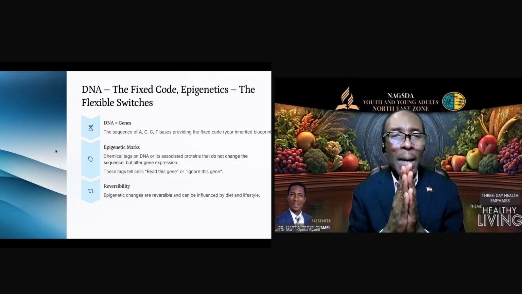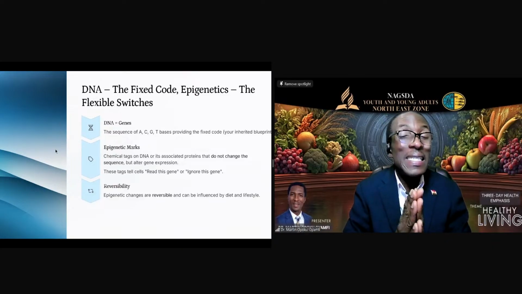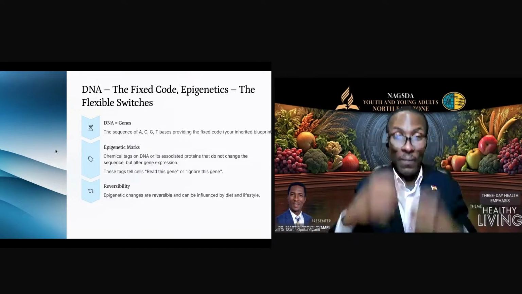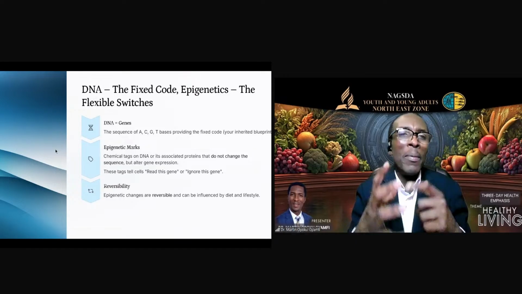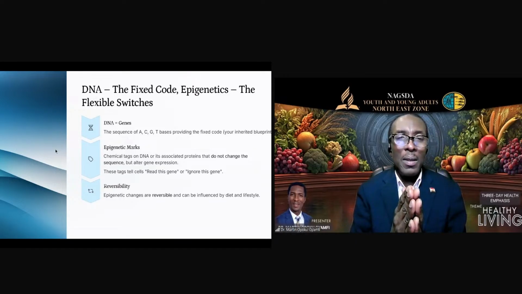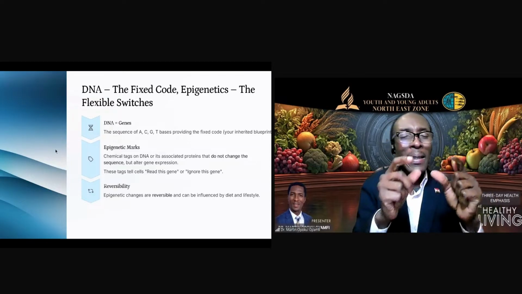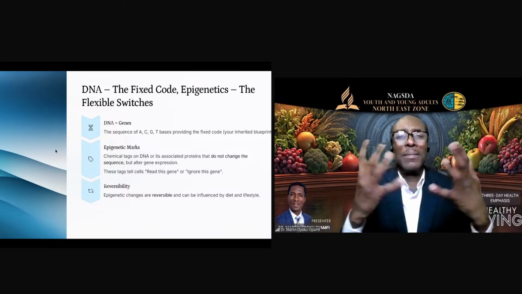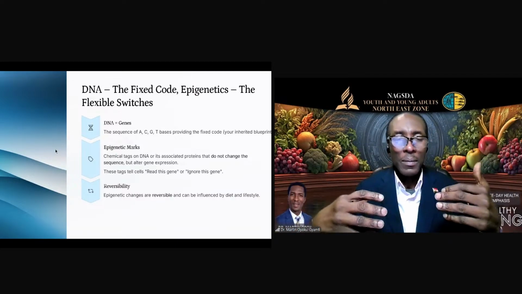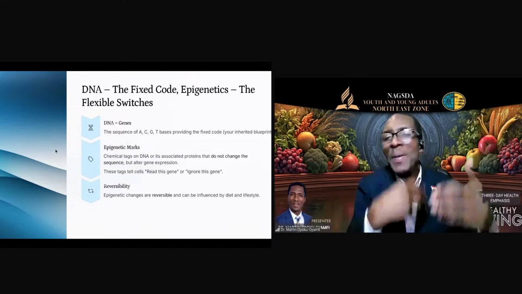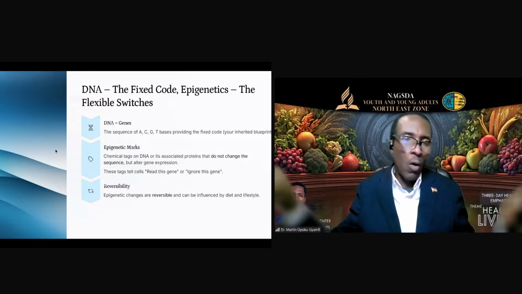Now, the beautiful thing about this is that these epigenetic changes are reversible. So let me go back to the bread recipe. If somebody who eats butter and eggs is baking their bread, the epigenetic principle will say, okay, just read it all.